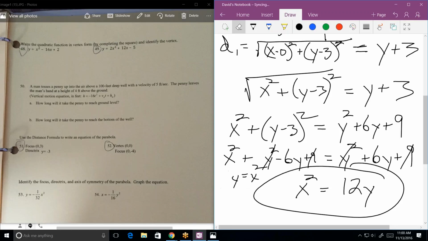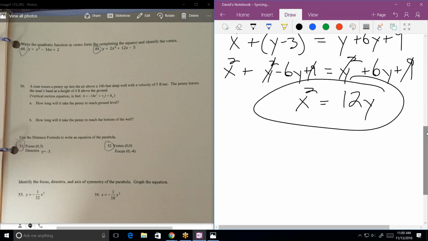Okay, that's interesting. Okay, so if I'm going to do that here, then I don't leave it in that format. I leave it in this format. y equals 1/12 x squared.